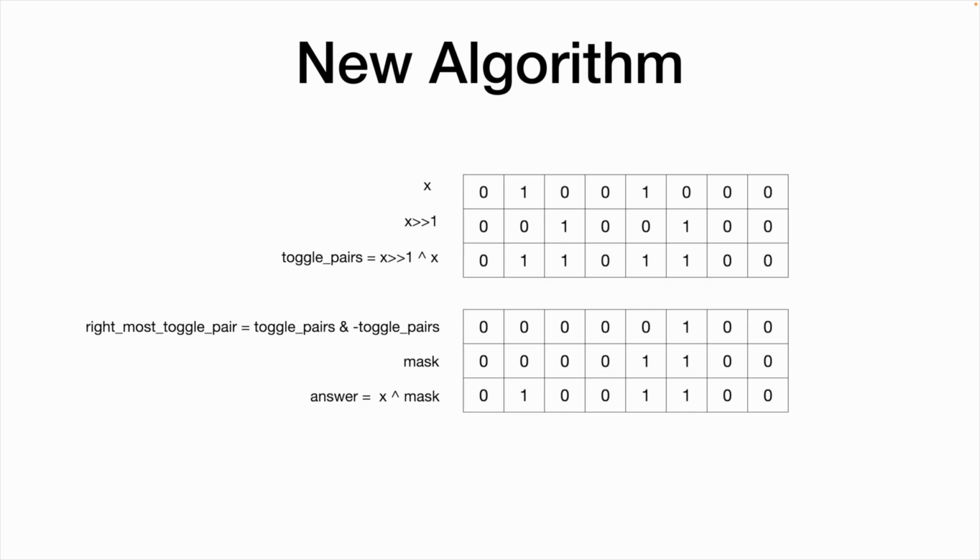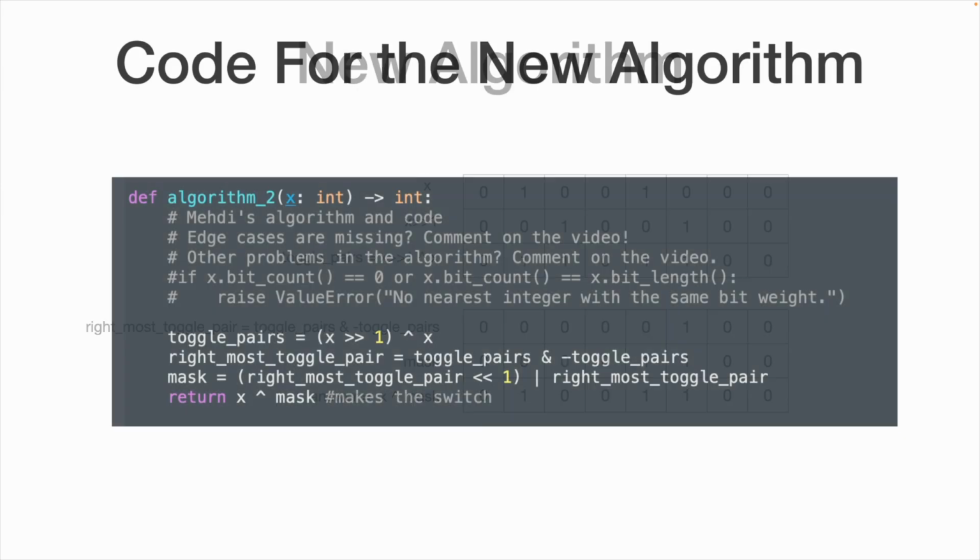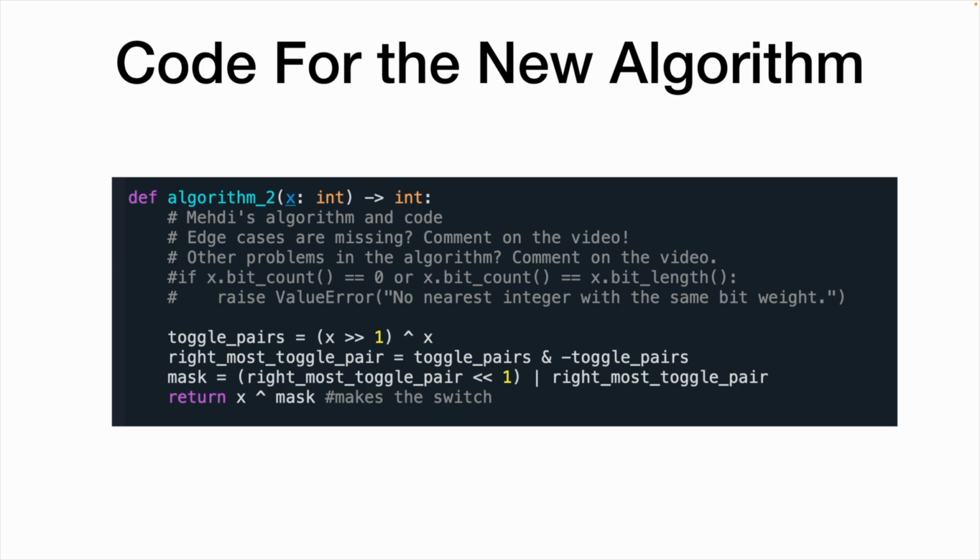And then I flip everything in x that falls under the mask, and that will be my answer. And this is the code for that. To me, this looked simple, elegant, and probably fast. So I thought, let's see if someone else has come up with it too.